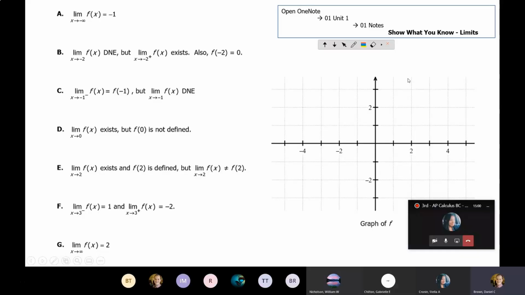But go ahead and see if you can draw a function that has all of those parts. I'll give you about 2 minutes.